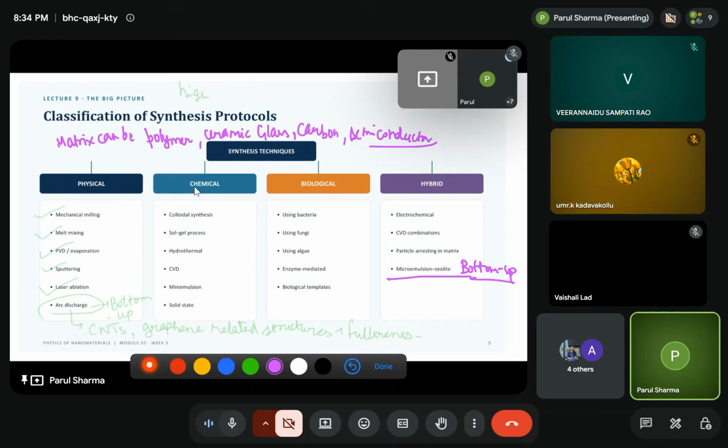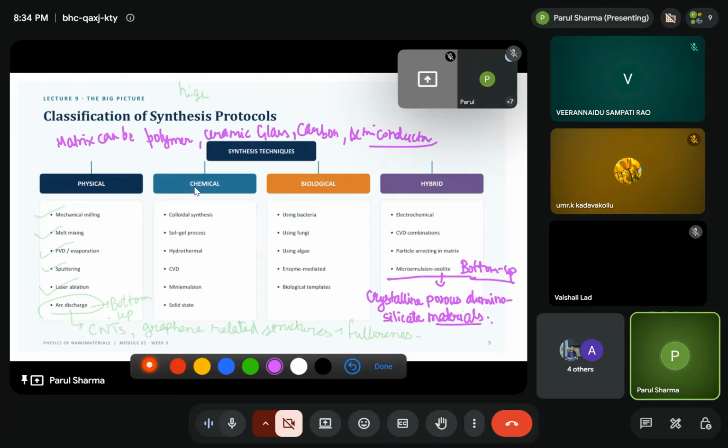So zeolites are crystalline porous aluminum silicate materials.